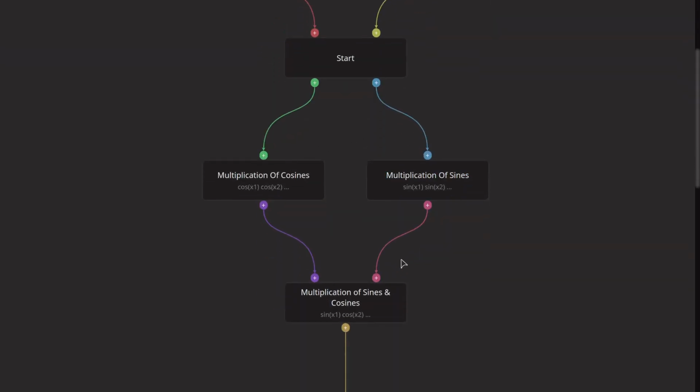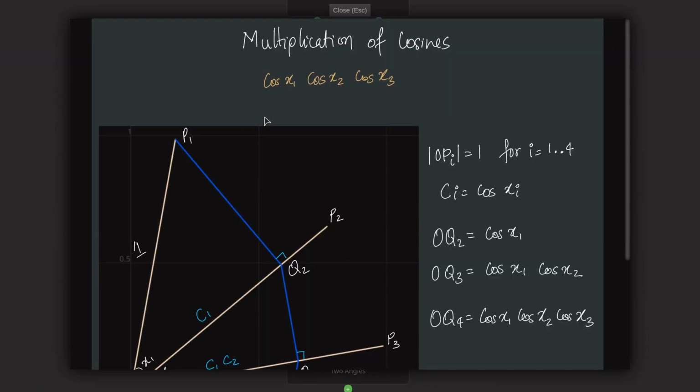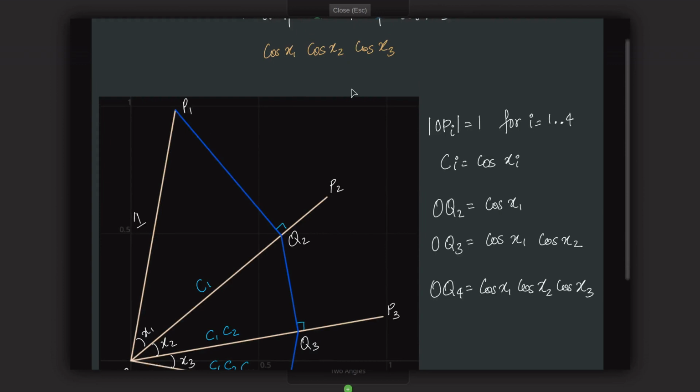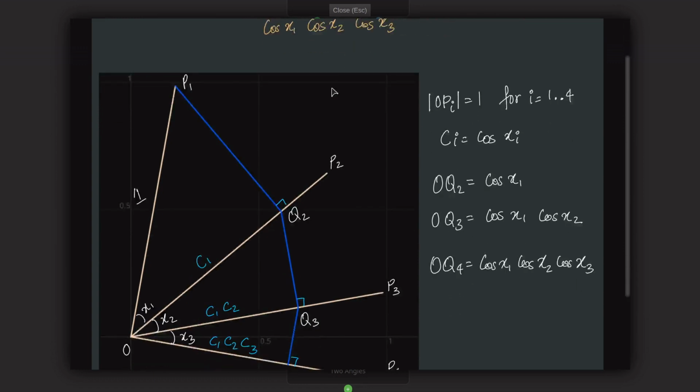There are a few steps before we go to the main diagram. First one, multiplication of cosines. The basic idea is, when do we see expressions like this? When do we see multiplications of cosines? I have given a diagram here, and if you look at this diagram, we can come to this kind of terms.